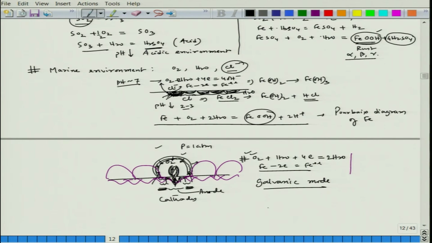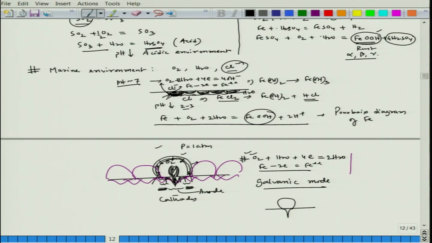For example, you can do that experiment. You put a small water droplet and keep it, once it dries, put that particular droplet again on the same place, you will see that you can have a localized mode of corrosion rather than uniform mode of corrosion.